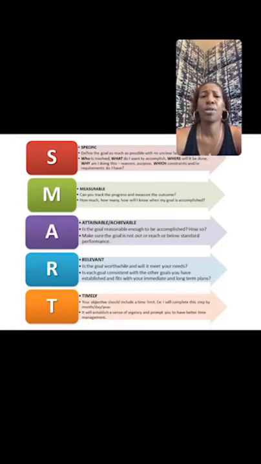Oftentimes, I am working with individuals who have done fairly well with their businesses. However, they fail where time is concerned. They're investing way too much time. They're spending 12 to 14 hours in their business on a daily basis. That is not sustainable. It's not sustainable for holistic health.